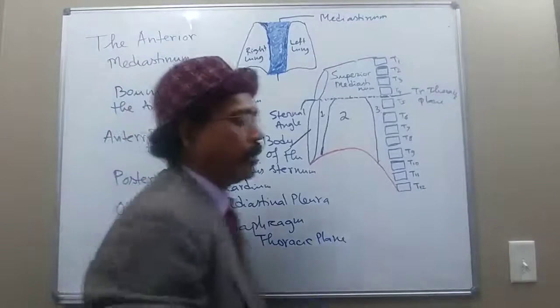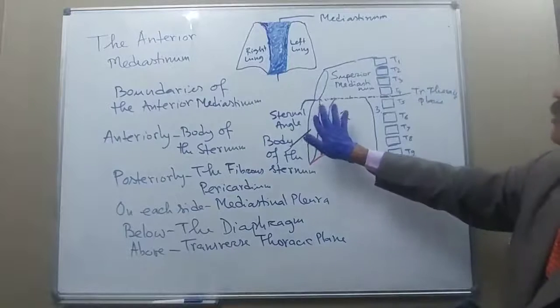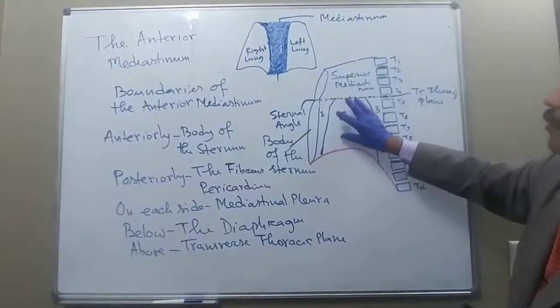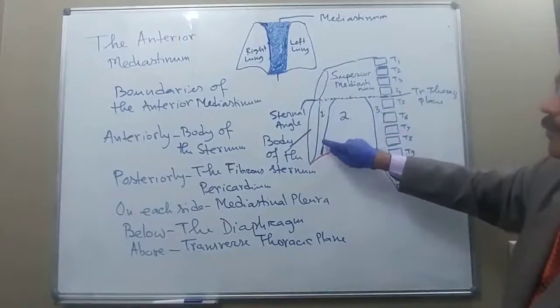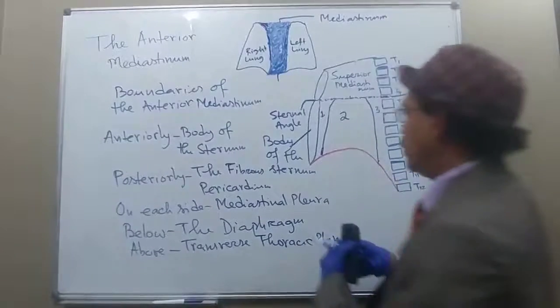We got the boundaries of the anterior mediastinum. Anteriorly, the body of the sternum. Posteriorly, the fibrous pericardium containing the heart. On each side, the mediastinal pleura. Below, the diaphragm.